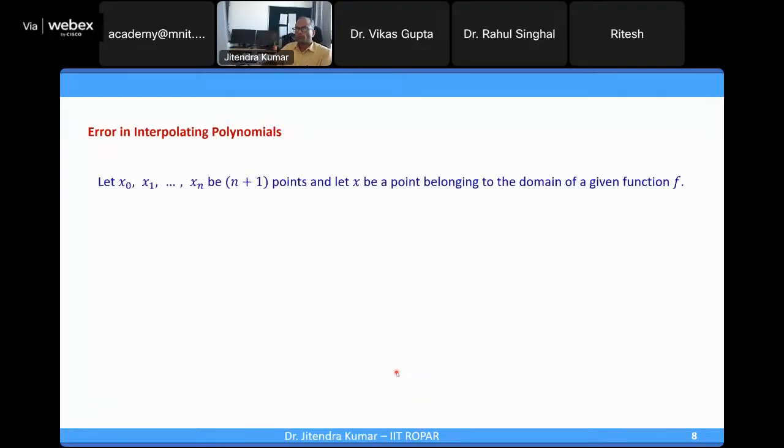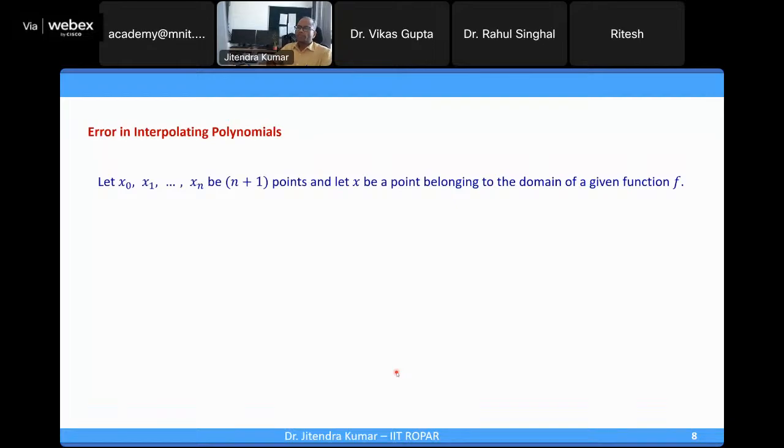This error is common for all. I'll not go into the details of the error. I'll just touch upon it, because I need that error formula for numerical integration. Maybe I can share the slides with you. If you want to go into the details, of course, you can go through the proof also.